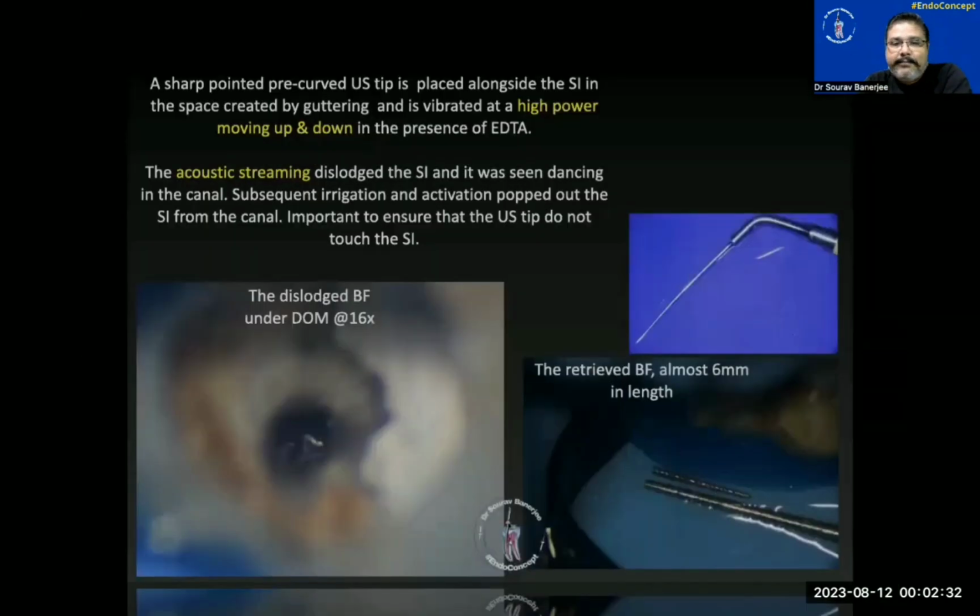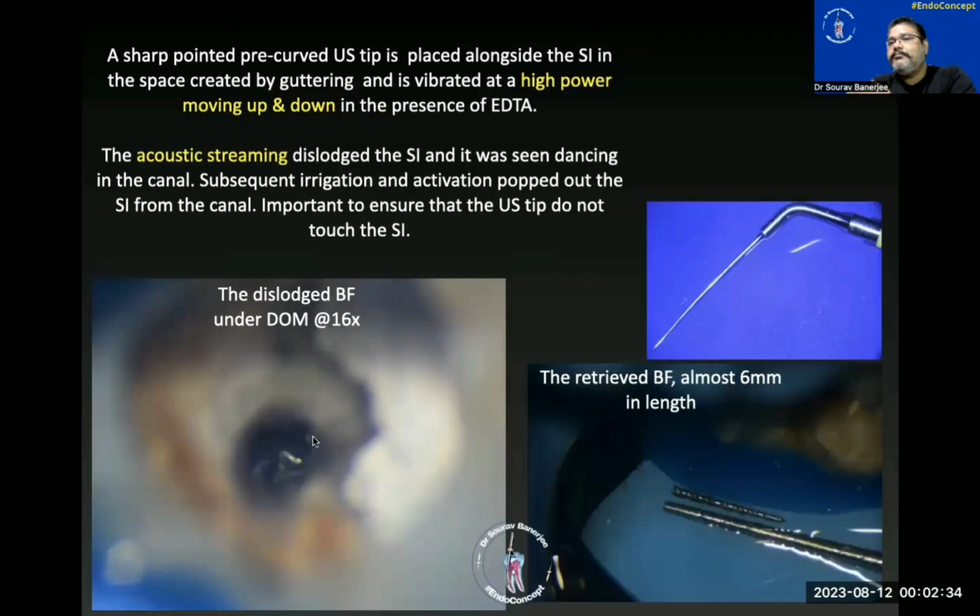The second step: when the instrument becomes free from the inner wall of the canal, we put a thin, sharp ultrasonic tip along the space that is created by the guttering, between the inner wall of the canal and the instrument, and we activate it.